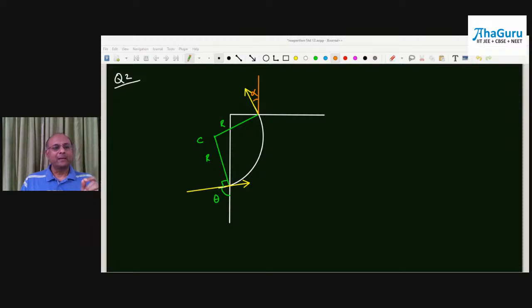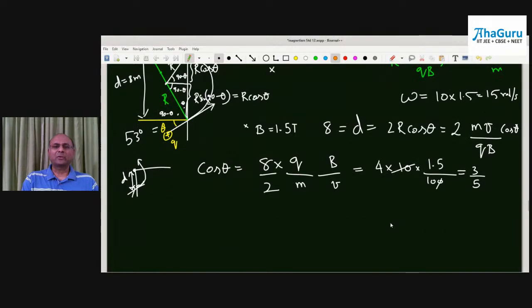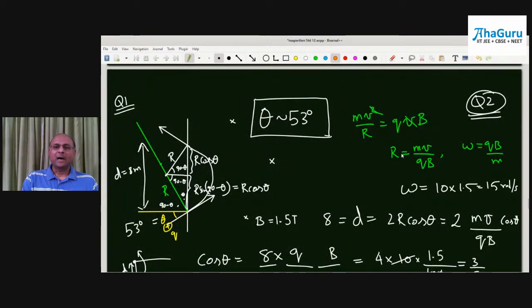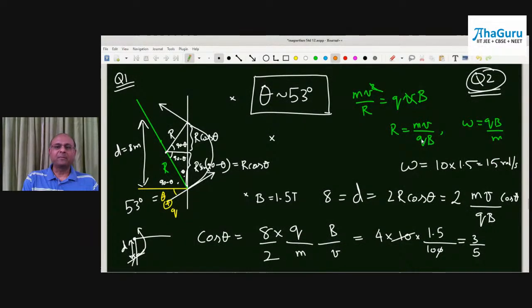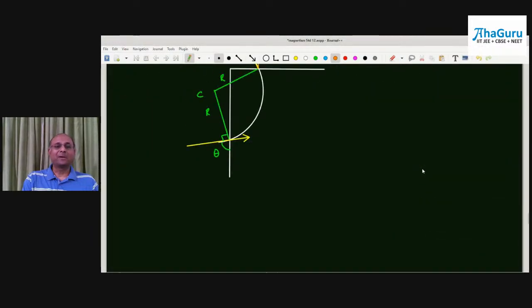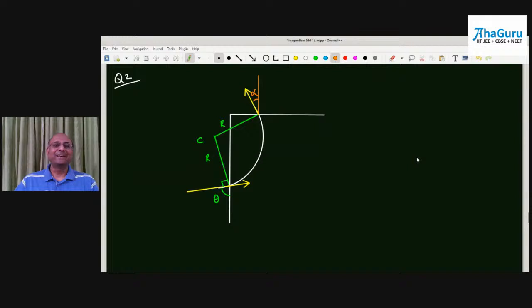R is mv by qB. So that of course you know. In fact, I will even write that formula down here. So you can see that we have done this everywhere. See, R is mv by qB, not qB by this thing. R is mv by qB. I don't remember the formula much, as I guess you can see.